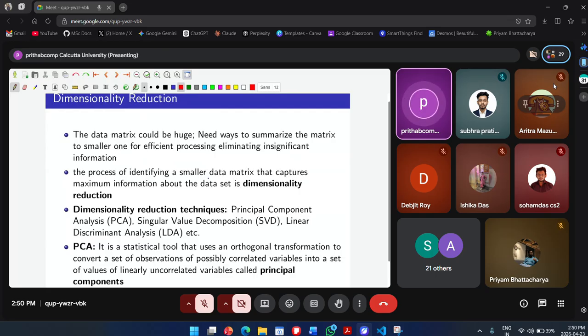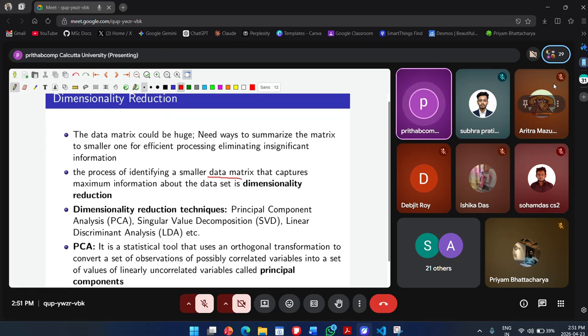So the process of identifying this smaller data matrix that captures maximum information about the data set is dimensionality reduction. So as I said, these are the typical methods or techniques of doing the dimensionality reduction: principal component analysis, singular value decomposition, and linear discriminant analysis.